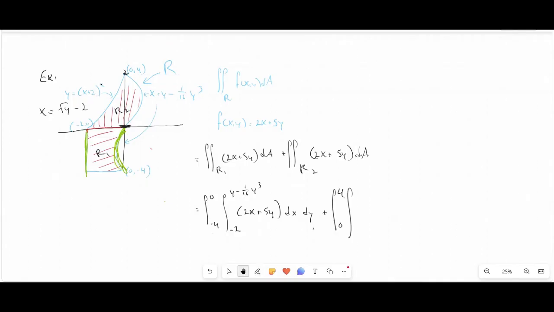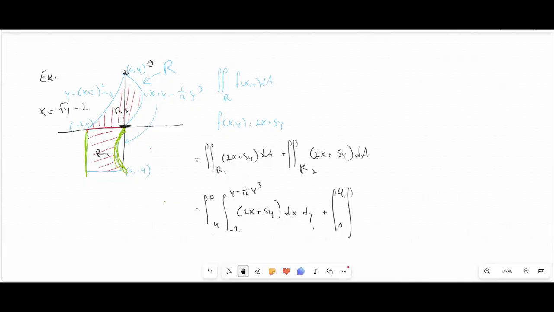Hold on one second. I made a mistake because this is negative. So one second, make sure I copied this correctly. Yes, y is okay.